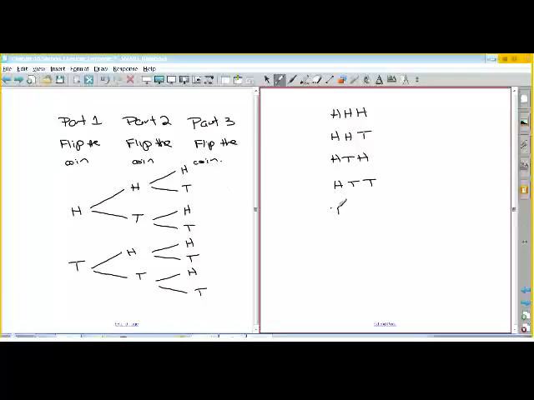And then I go down here, so I've got all of those 4, so then I'll have tails, heads, heads, tails, heads, tails, tails, tails, heads, and tails, tails, tails. Okay, so you can see there are 8 different arrangements.